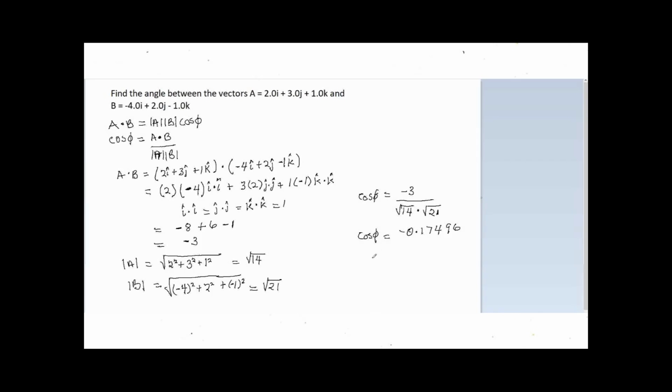So it means that phi should be equal to cos inverse of -0.17496. Phi is equal to 100.07 degrees. So this is the correct answer, and this is how we solve this problem.